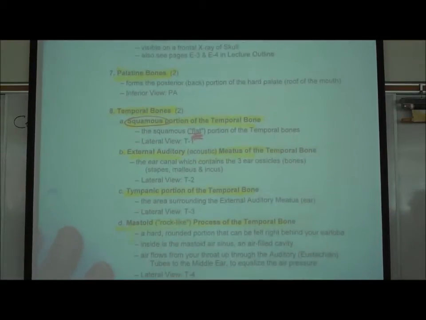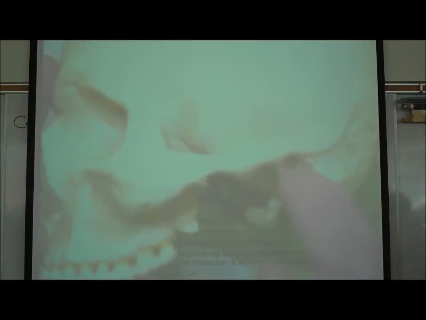The next term, external auditory meatus. Some books will call it external acoustic meatus. That's simply this opening right here on the side of the skull where your auditory canal is. Your auditory or ear canal is right here.